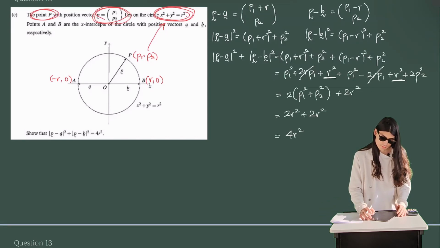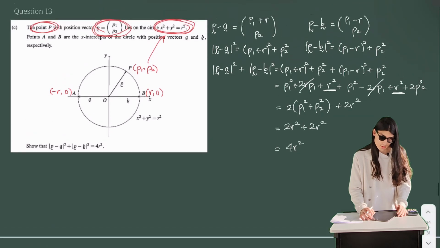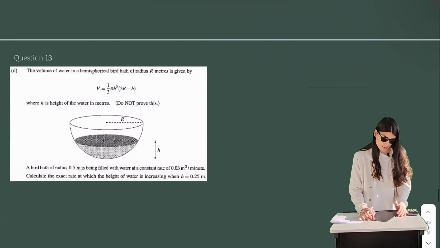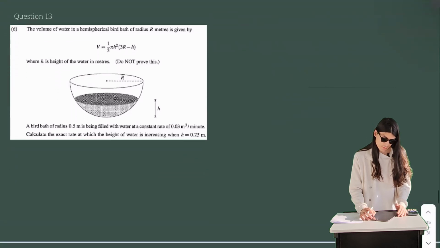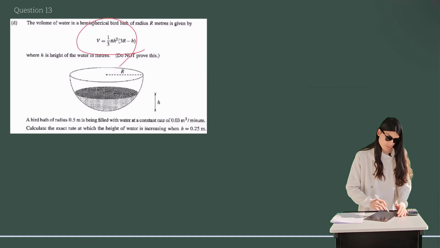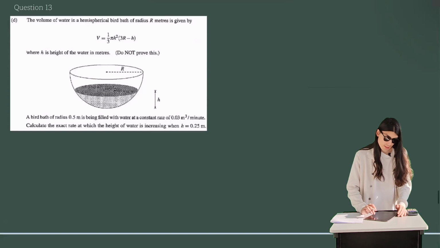Now, moving on to question 13D now. So you have an expression given for the volume of water in this bowl, and h is the height of that water.